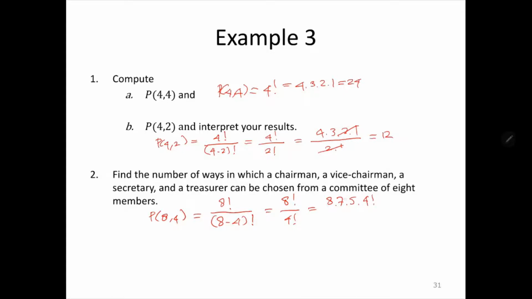Over 4 factorial, we can cancel this, and that will be equal to 1680, right? Okay, so that's about permutation.